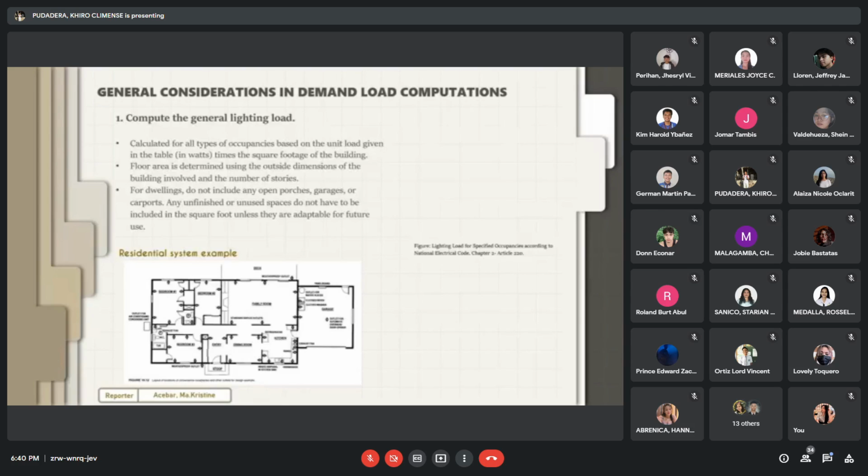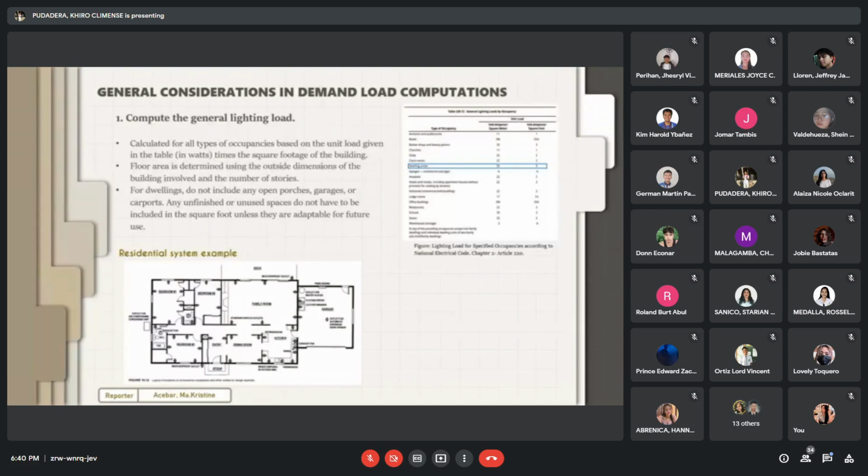Shown in the right is a picture of lighting load for specified occupancies according to National Electrical Code, Chapter 2, Article 220. There we can see that for dwellings, the specified unit load is 3 volts ampere per square foot or 33 volts ampere per square meter.